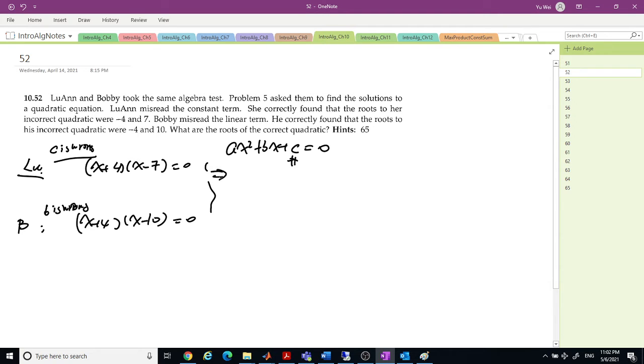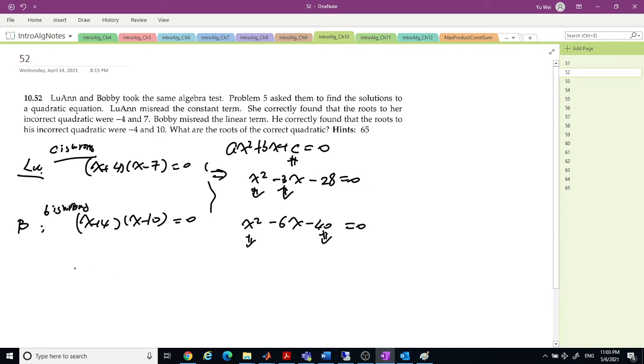From this one we have x squared minus 3x minus 28 equals 0. This one is x squared minus 6x minus 40 equals 0, right? So for Luan, C is wrong, this one is right, this one is right, check. For Bobby, B is wrong, this one is right, and this one is right.